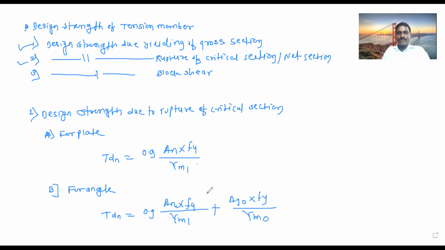So here beta is there. This formula also we have seen in the last lecture, and we have also calculated Anc and Ago from the particular formulas. I think up to here we have reached.